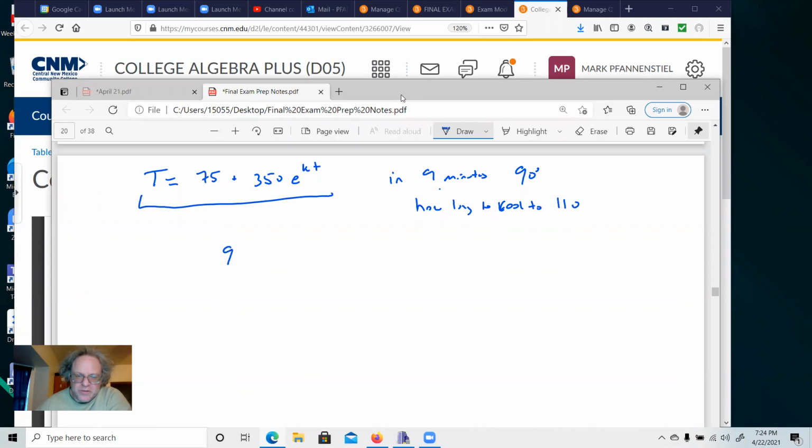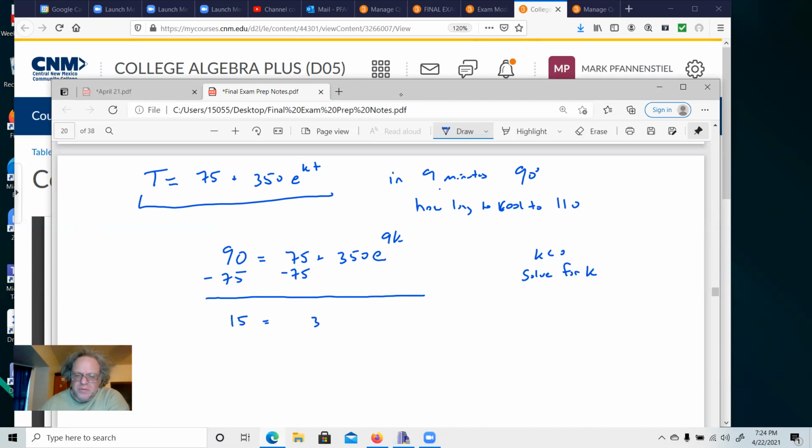So we're going to say 90 is equal to 75 plus 350 e to the 9k. In this case, I think k is going to be negative, so we're just going to allow that to happen. We have to solve for k. Let's subtract 75 from both sides. So I think that's going to be 15 is equal to 350 e to the 9k.